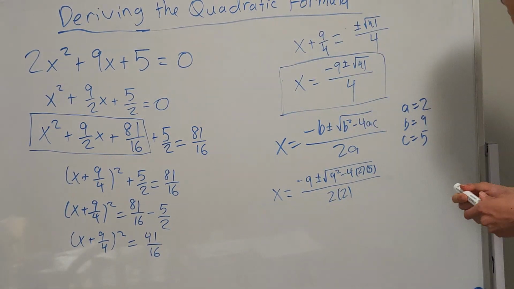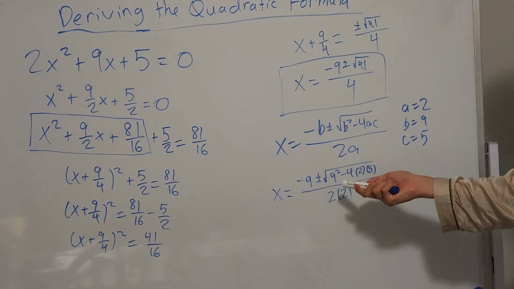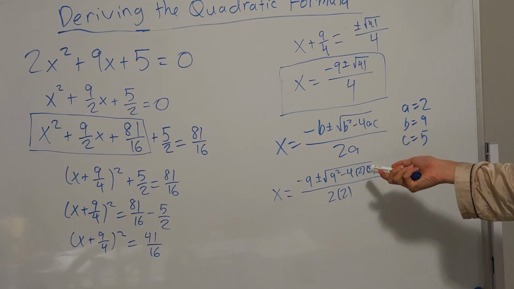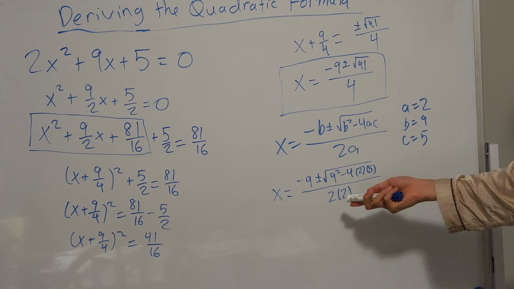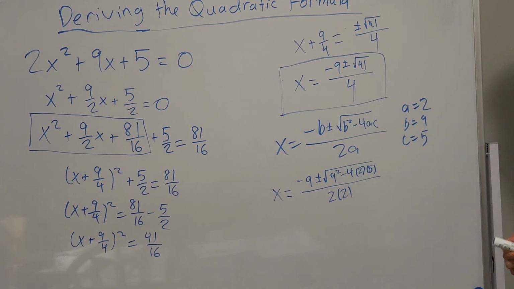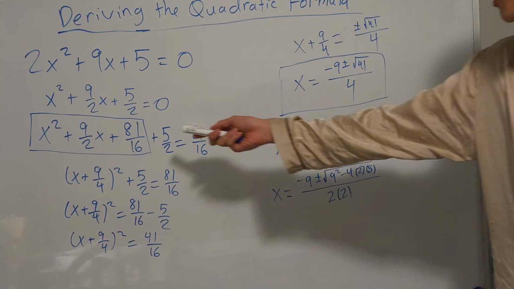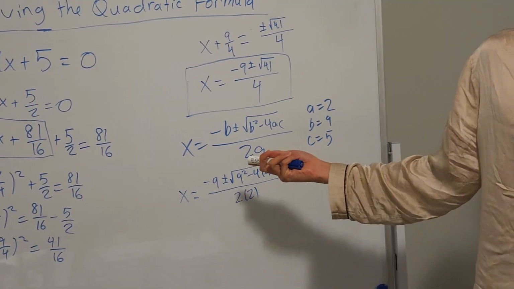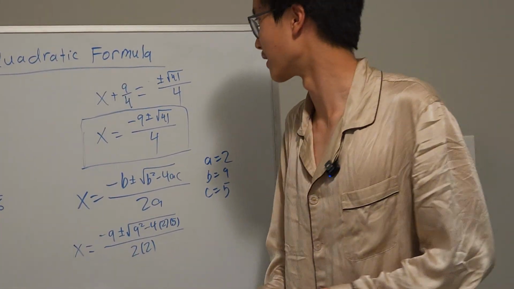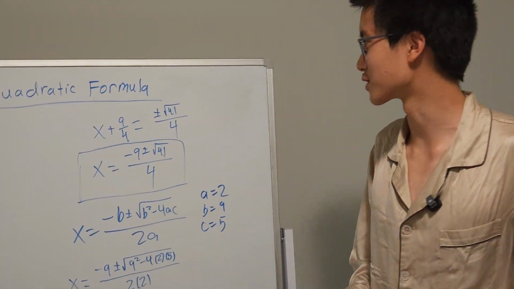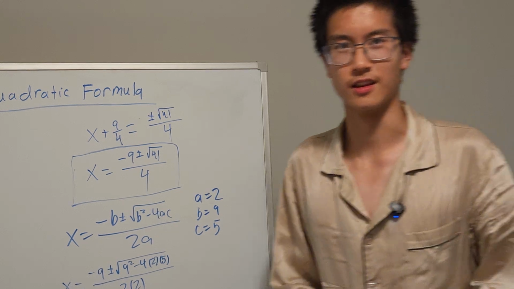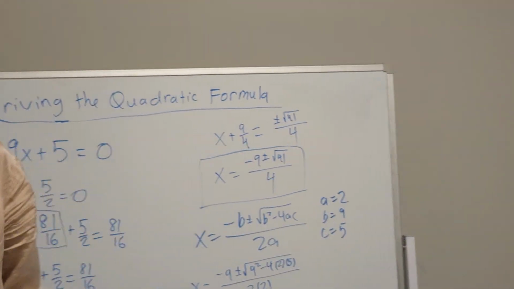Yep, okay, so if you evaluate this, you get 81 minus 40. This should give you 41, and 2 times 2 is 4. Our answers match for the 2 methods, right? First, this is called completing the square. Then we use the quadratic formula. We get the same answer. So therefore, we can be fairly sure that this is the correct one here.